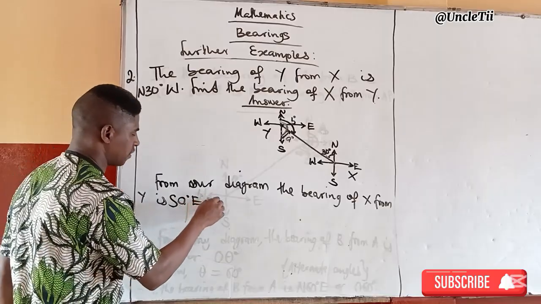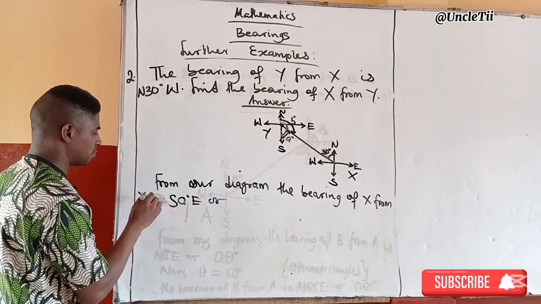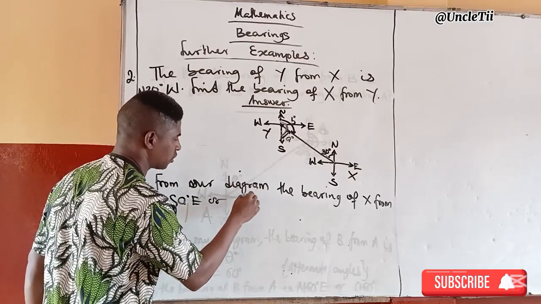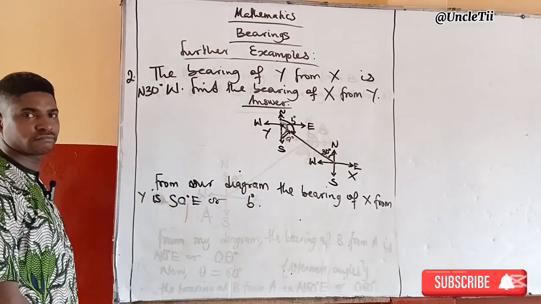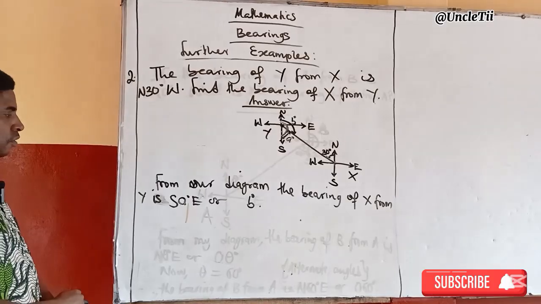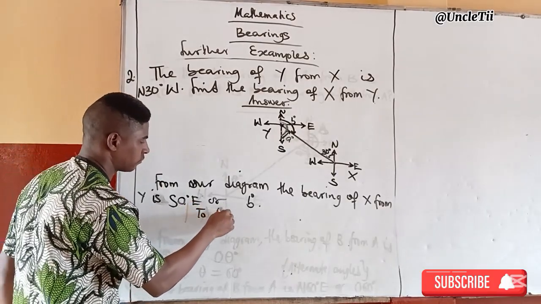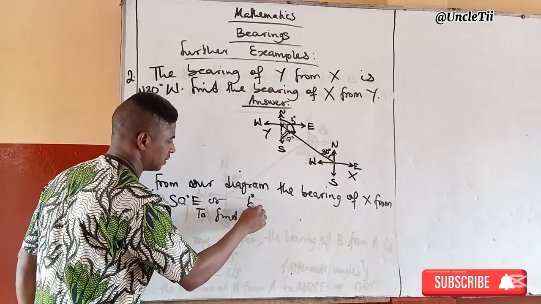But if we are using surveyor's bearing, it will be just b degrees. Let us find a degrees.